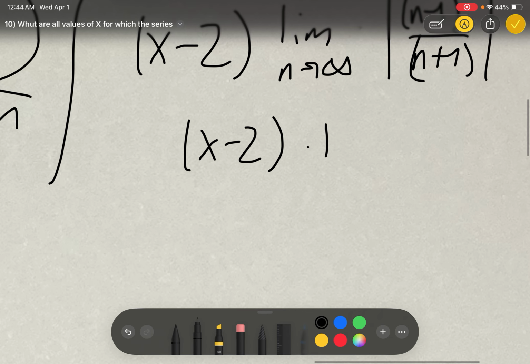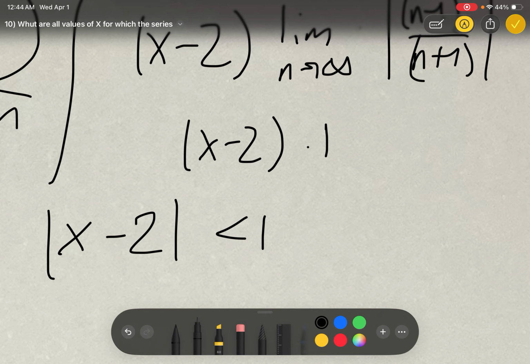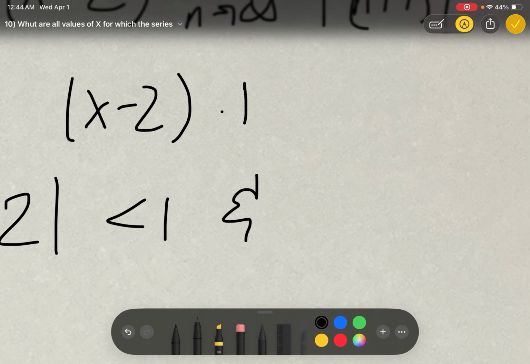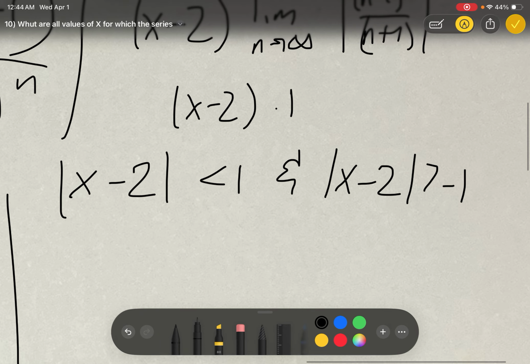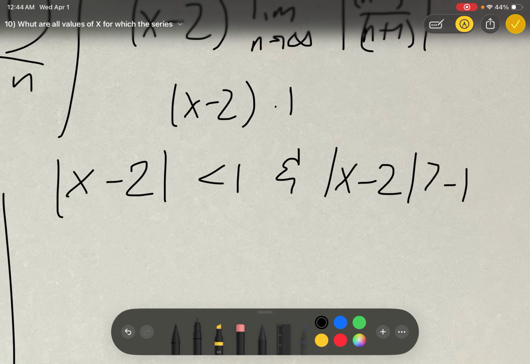So we're going to use the ratio test. It's going to be x minus 2 is less than 1 and x minus 2 is greater than negative 1. Those are the two situations in which you should apply so that you can get your domain. Plus 2, x is less than 3.